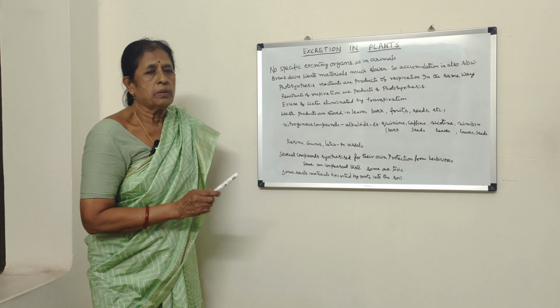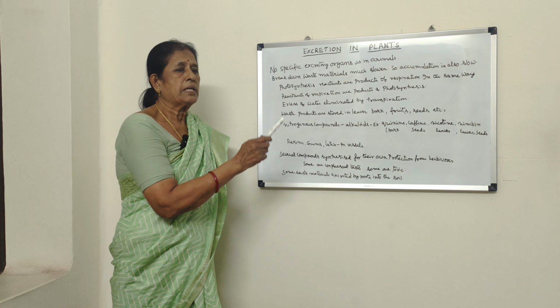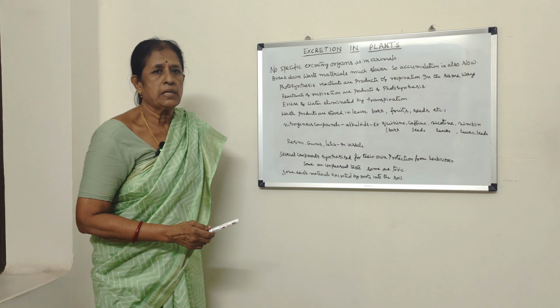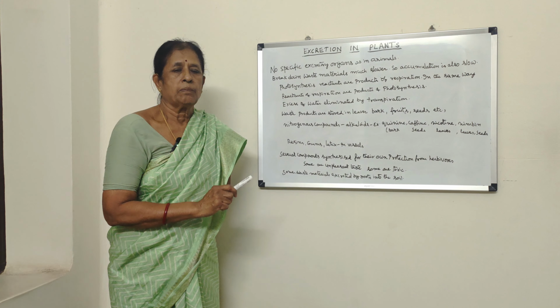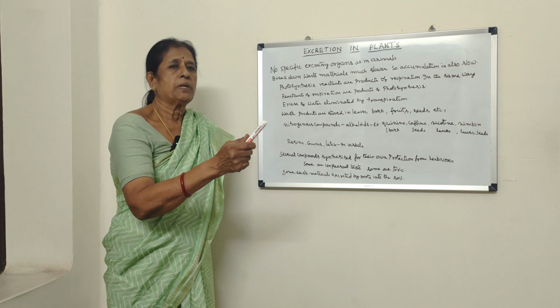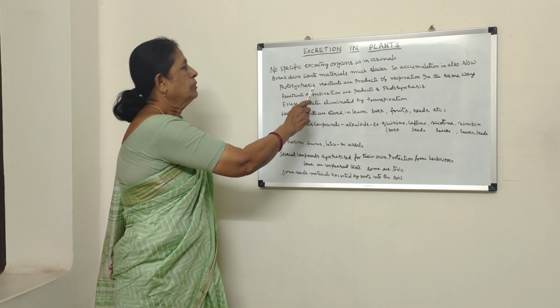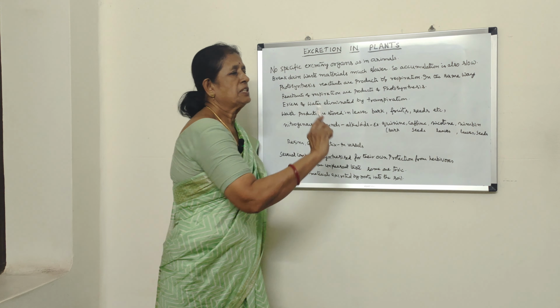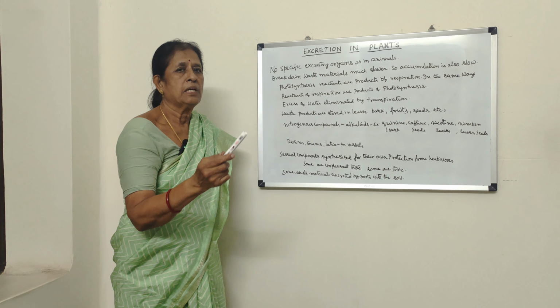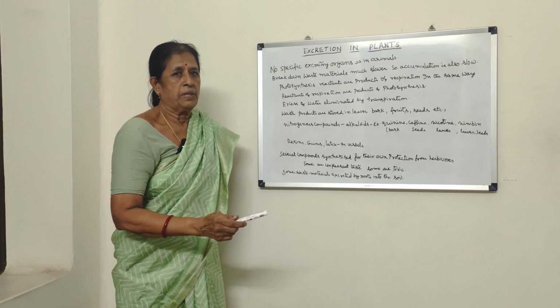So here, if you observe photosynthesis, what are the reactants of photosynthesis? Carbon dioxide and water. And the products are glucose and oxygen. So the reactants of photosynthesis are products of respiration. What are the products in respiration? Glucose and carbon dioxide.